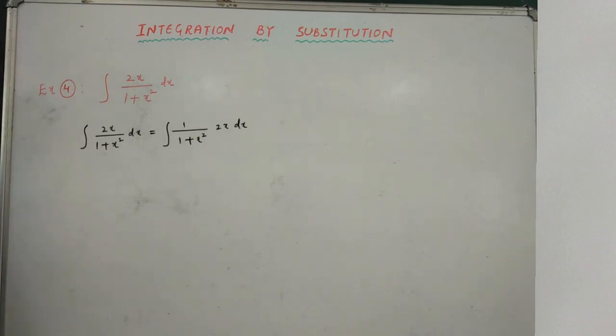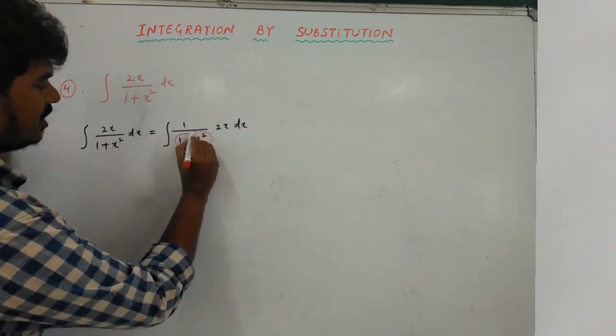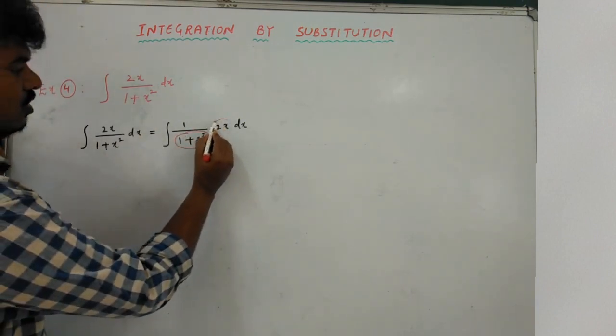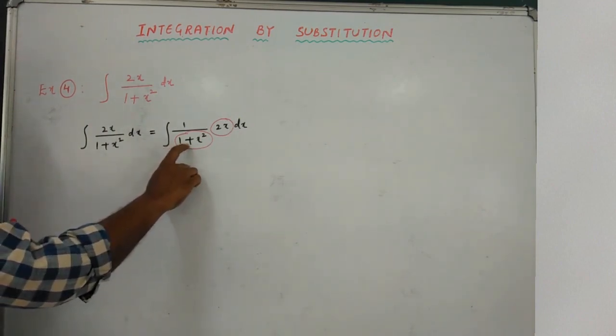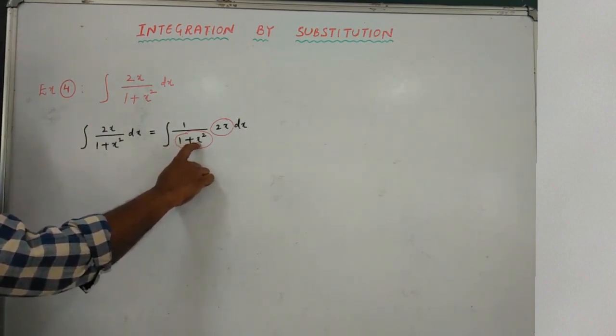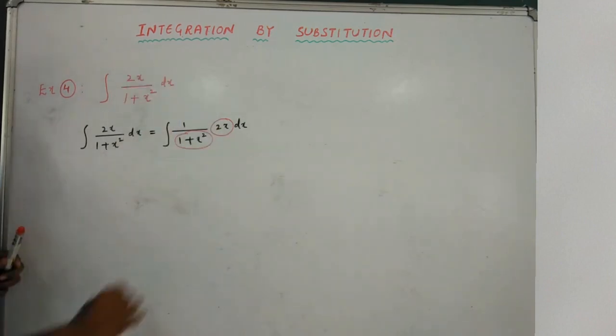What is the derivative of 1 plus x square? That is 2x. The derivative of 1 is 0 plus the derivative of x square is 2x.